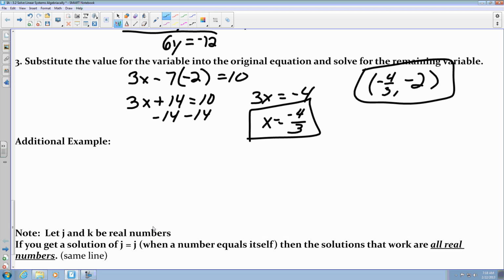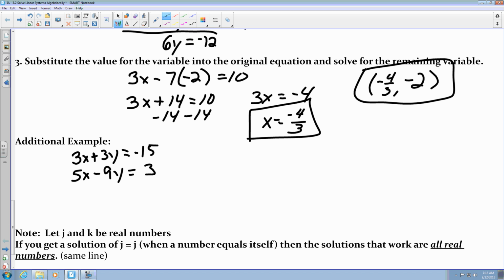If we're looking at another example, let's say I had 3x plus 3y equals a negative 15, and I have 5x minus 9y equals 3.